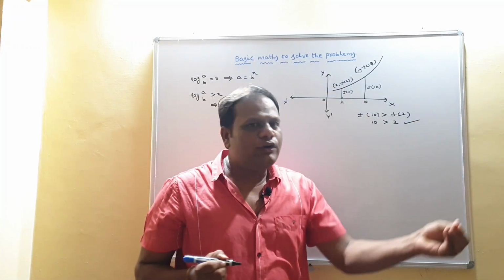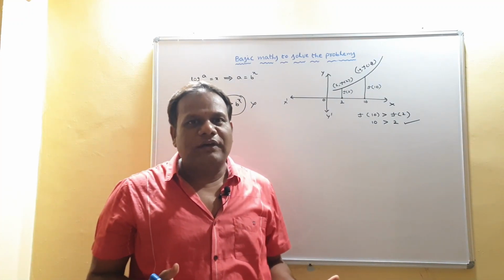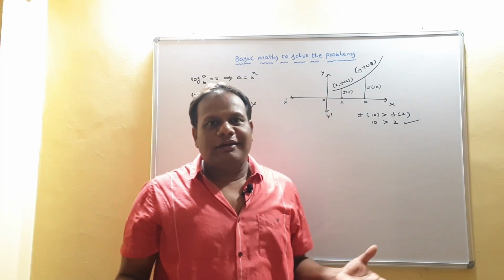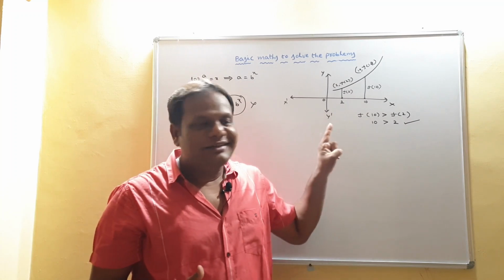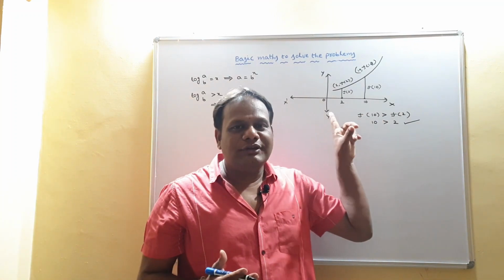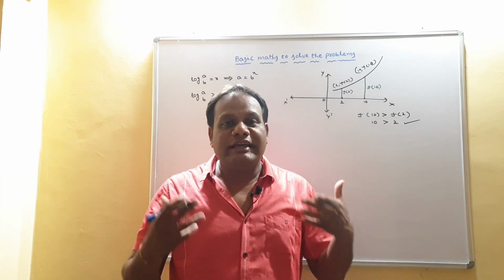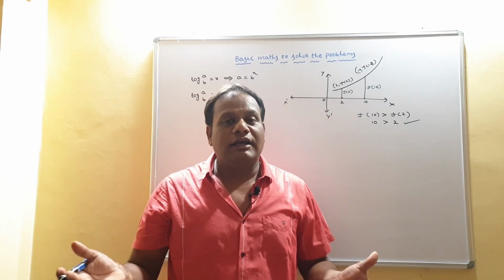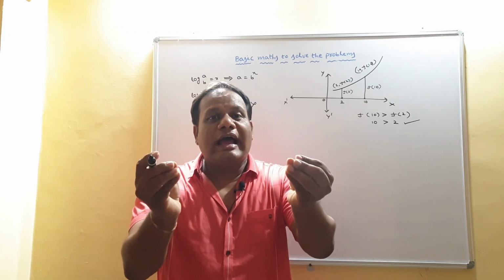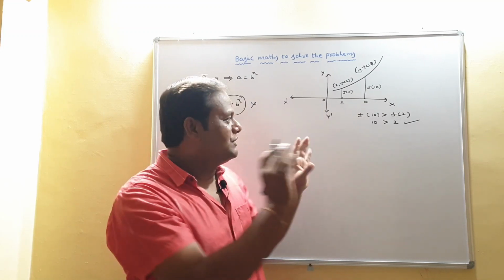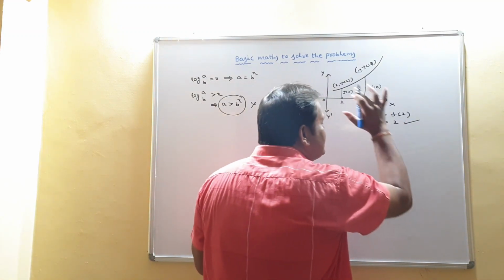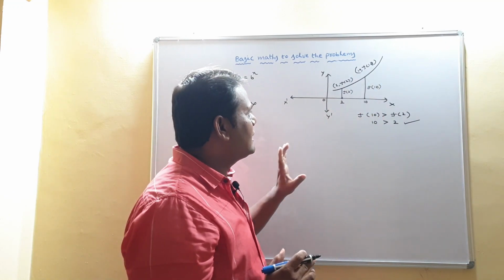So if you remove an increasing function on both sides, there is no change in the inequation sign. The inequation sign remains the same if you remove an increasing function on both sides, or if you add an increasing function, there is no change in the inequation sign.